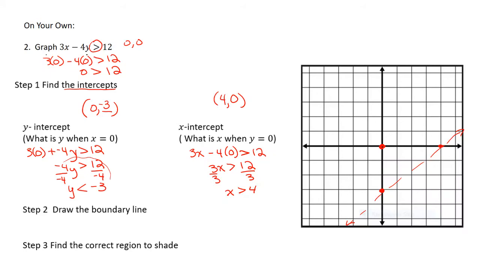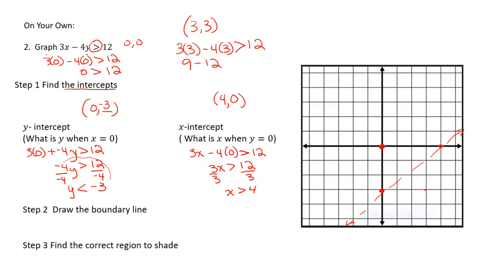All right, so let's try another one. Let's try a point down here. Let's try over 1, 2, 3, down 3. So let's try (3, 3). We hope this one's going to be true. So 3 times 3 minus 4 times 3 is greater than 12. So 9 minus 12.